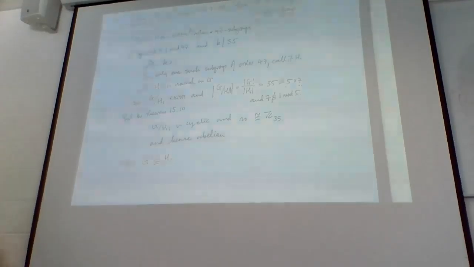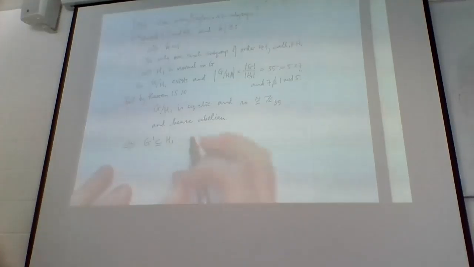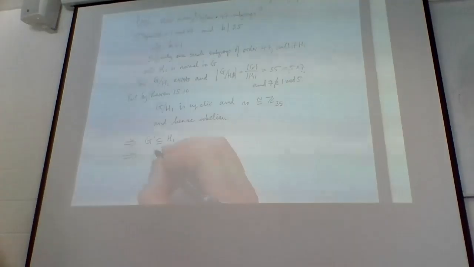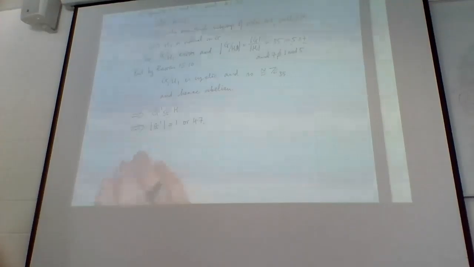Now, what does that say about the size of G prime? H1 is size 47, which is a single prime number. So the order of G prime is either 1 or 47.